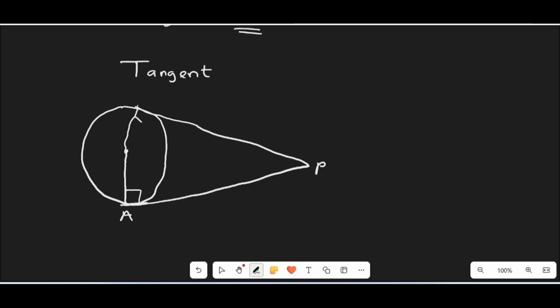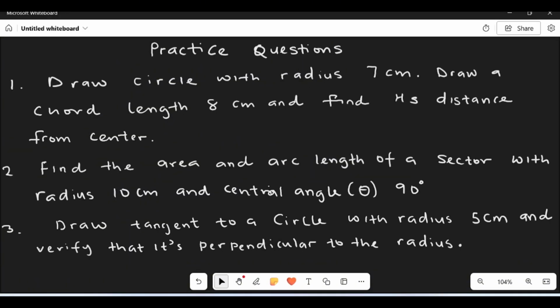This is 90 degrees, and let us label this place B, and our line BP is equal to line AP. Let us try this practice question.